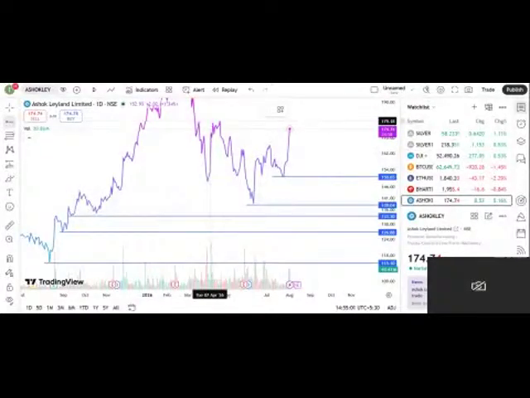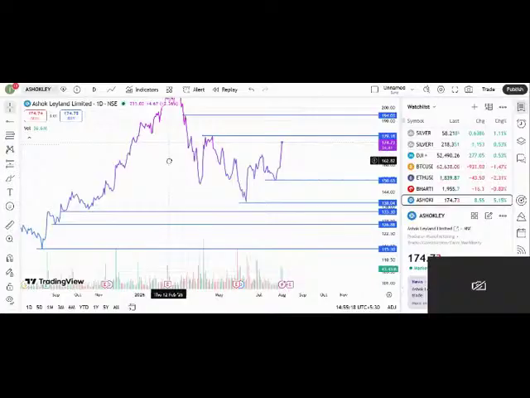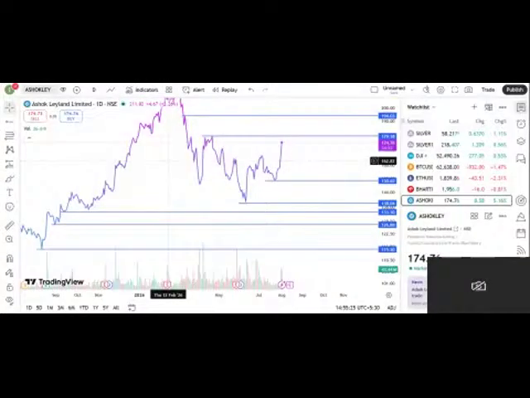This is the resistance, and the second resistance is here. Here is the resistance as well. So there will be so many resistance, so many support as per the time frame you choose. As per my understanding, I have already plotted lines. So whether you have it here or here or here, the target must be this.